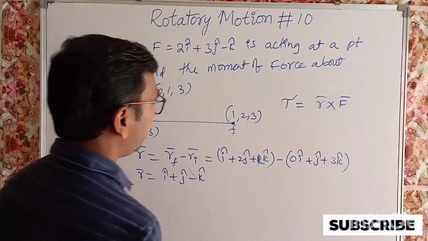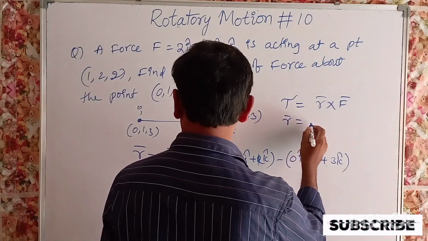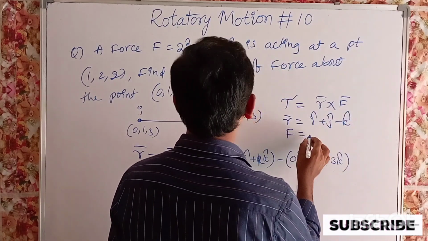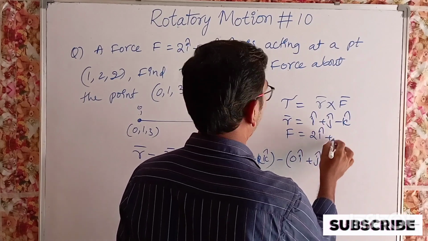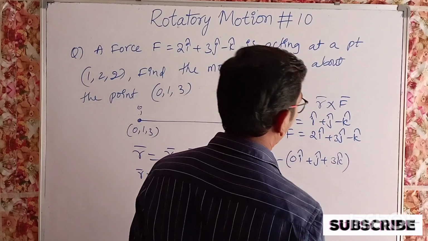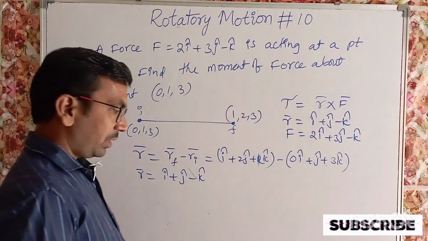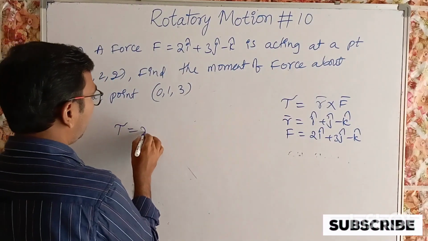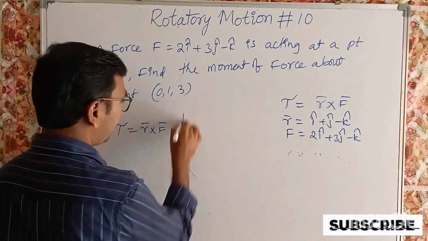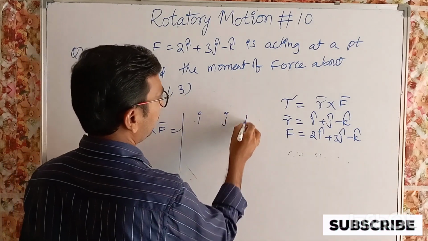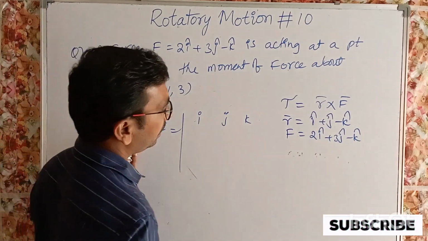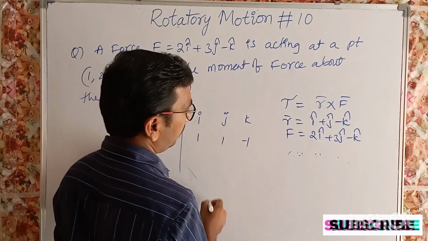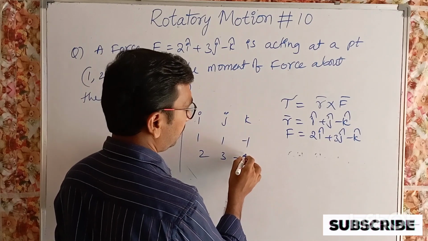So now r bar is equal to i cap plus j cap minus k cap, and force F is equal to 2i cap plus 3j cap minus k cap. You can find the torque by using the vector determinant method. Torque tau is equal to r bar cross F bar. First write i, j, and k. For r: i component is 1, j is 1, and k is minus 1. For F: 2, 3, minus 1.